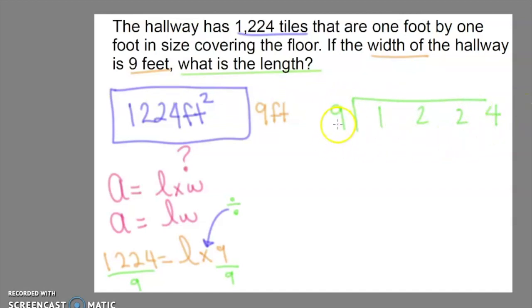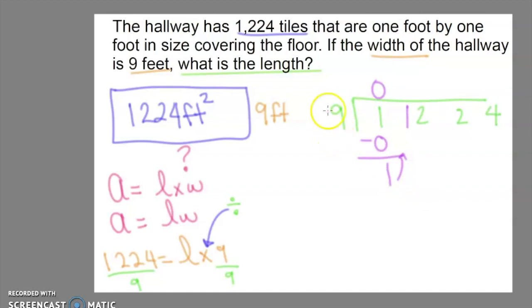How many groups of 9 can I get out of 1? Hope you say 0, because that's correct. What's 9 times 0? Hope you say 0, because 0 is always the hero when you're multiplying and dividing. 1, take nothing away, leaves us with 1. I get to take that 1 up, and it becomes my 12.